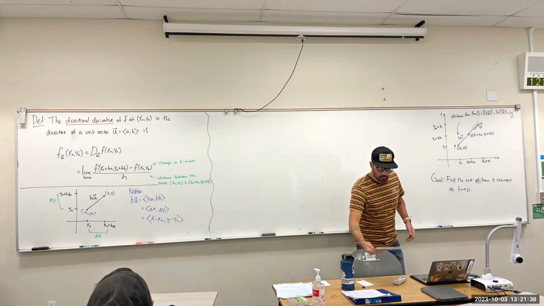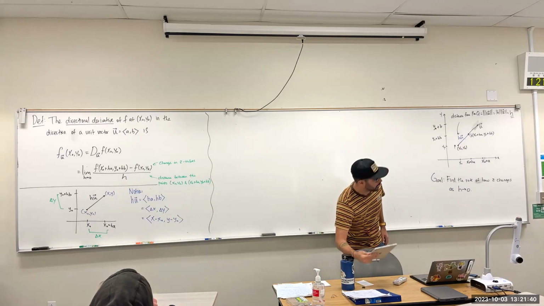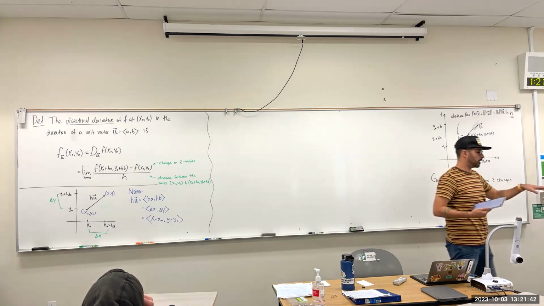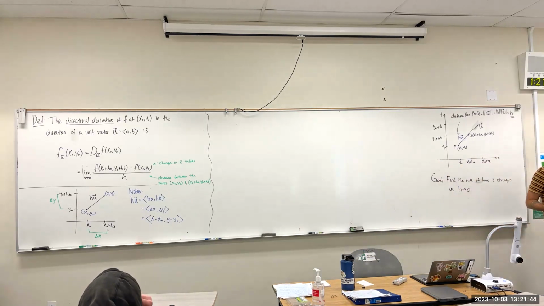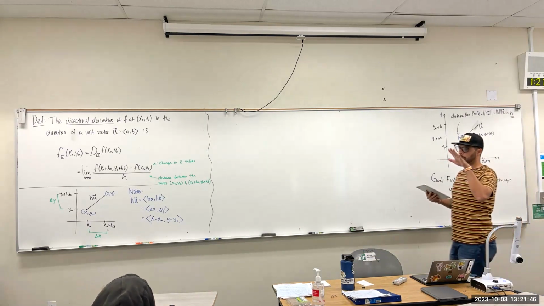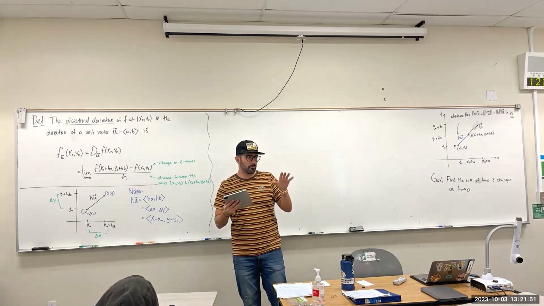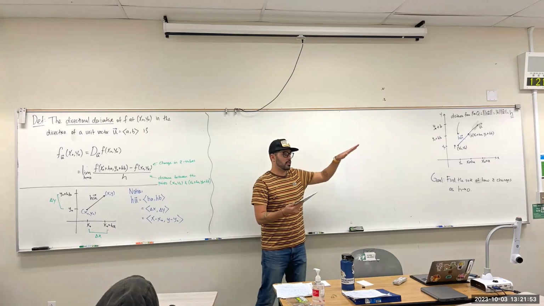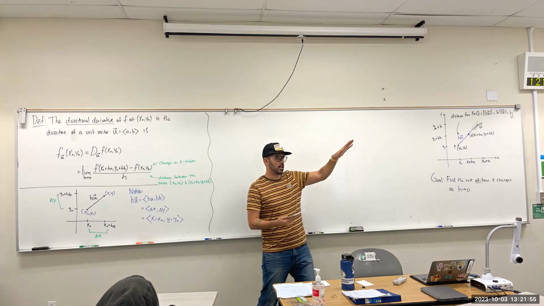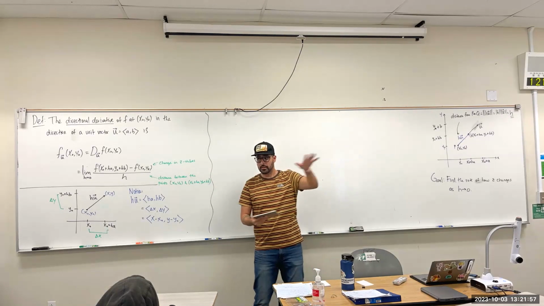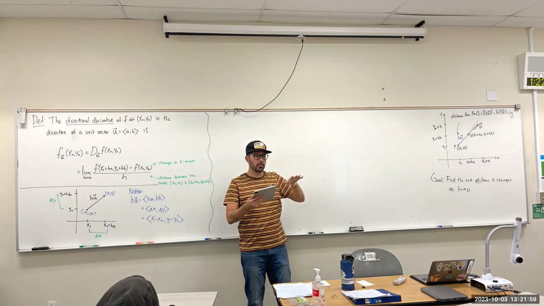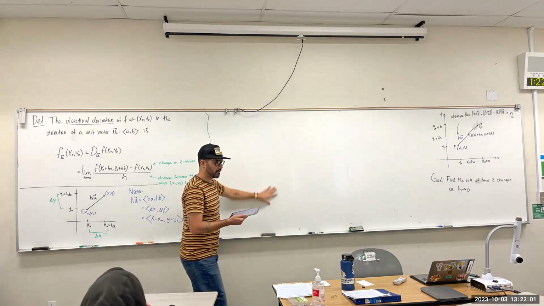If you look at your picture, look at point P. It's not shown here, but in section 14.4, when we did linear approximation, there's a tangent plane that touches that point P. So we're going to use linear approximation in this next piece.